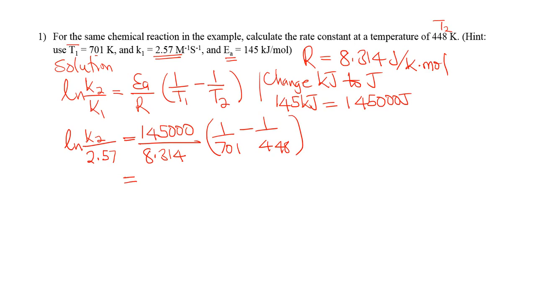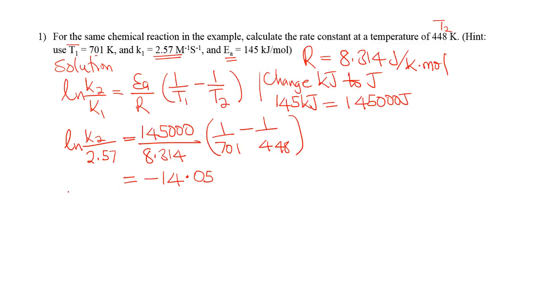Another open parenthesis, 1 divided by 701 minus 1 divided by 448. Close parenthesis, enter. So for this one, the answer is minus 14.05. So this one is your natural log K2 divided by 2.57.